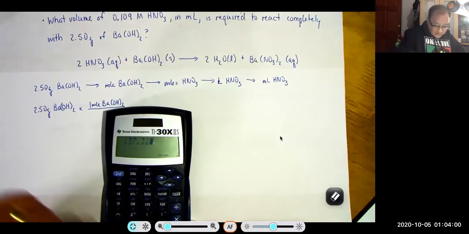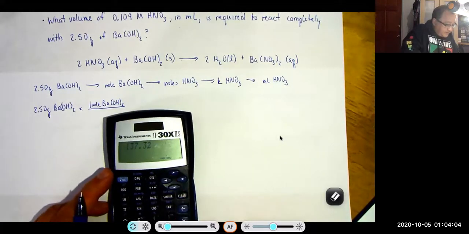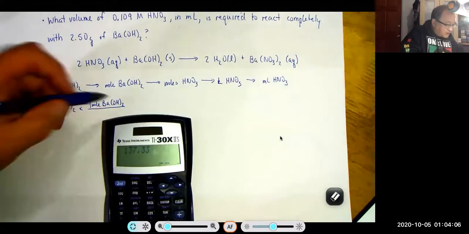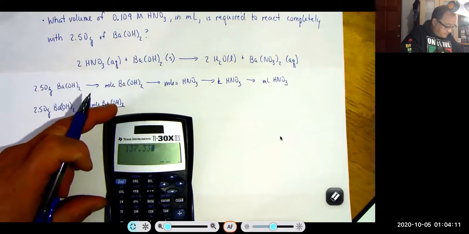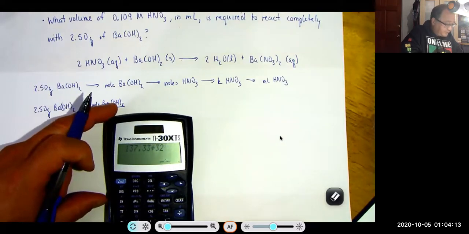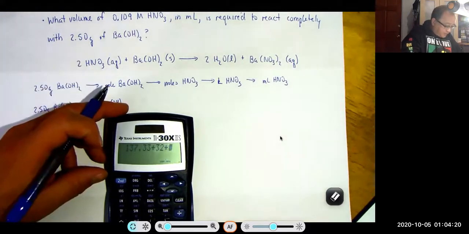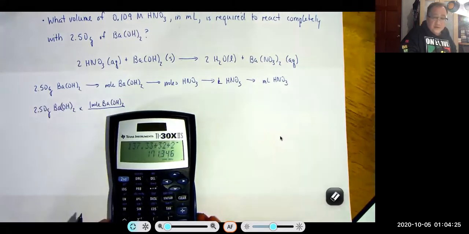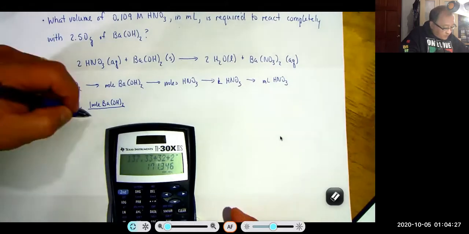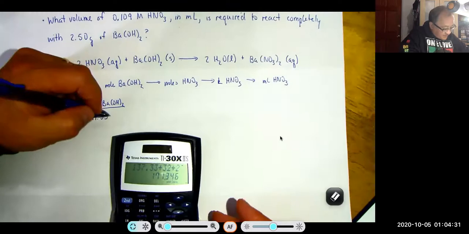So that's 1 barium, and 1 oxygen is 16, so 2 of them would be 32. And then 1 hydrogen is 1.008, so 2 of them would be 2.016. And so the molar mass of barium hydroxide is 171.35 grams.